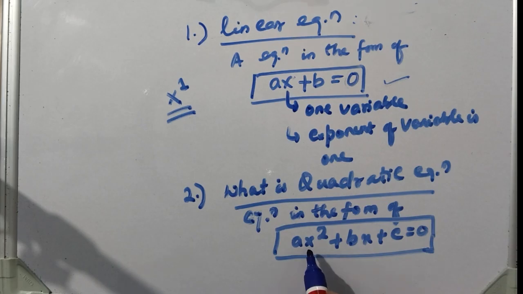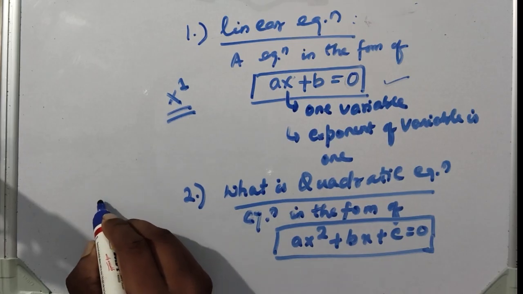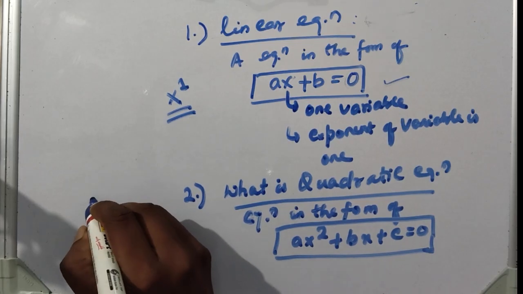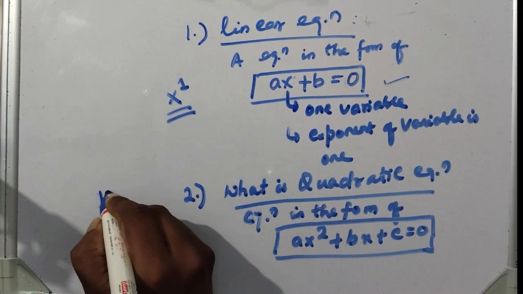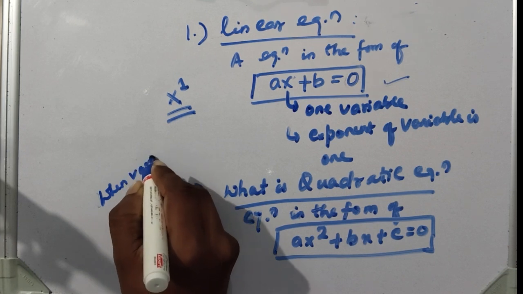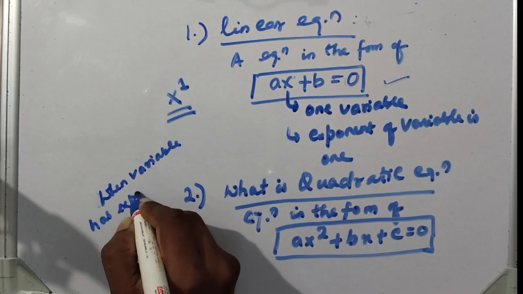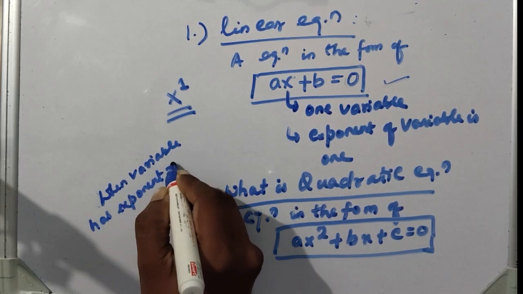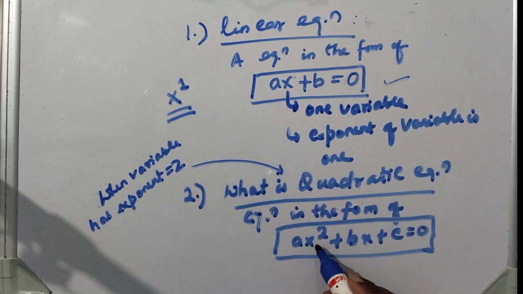Why? Because, as we know from previous classes, when the variable has exponent equal to 2, we call it a quadratic equation. Since the exponent of variable x is 2, it is a form of quadratic equation.